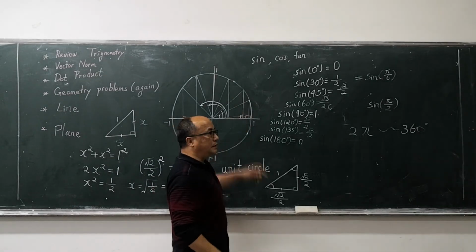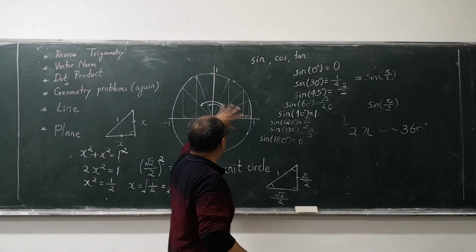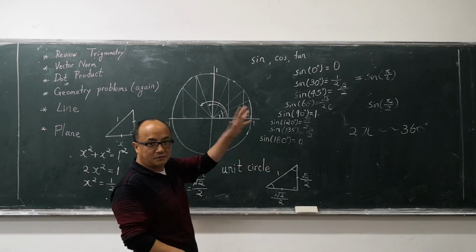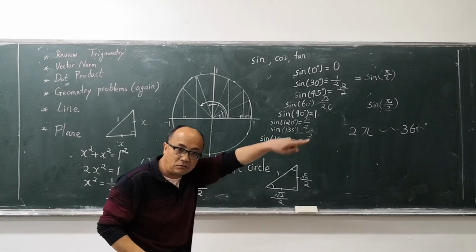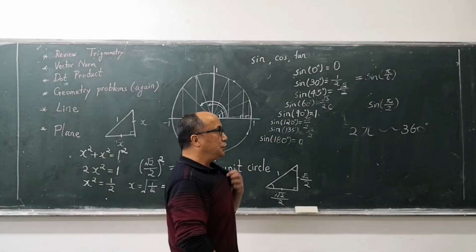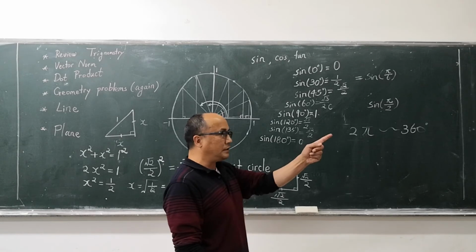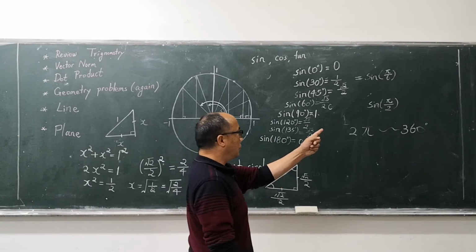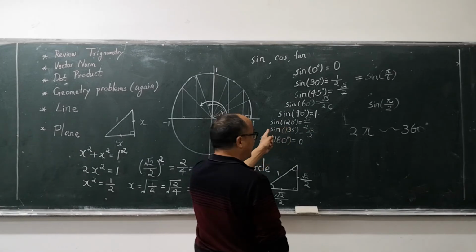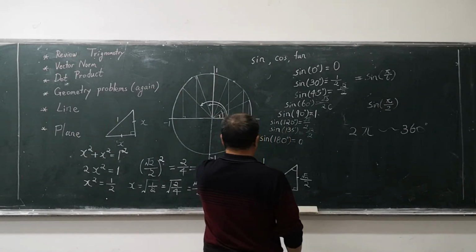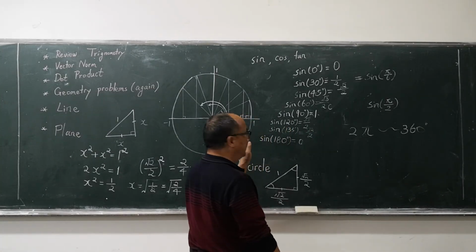When you keep running around the circle, your friend looking at you has to turn.